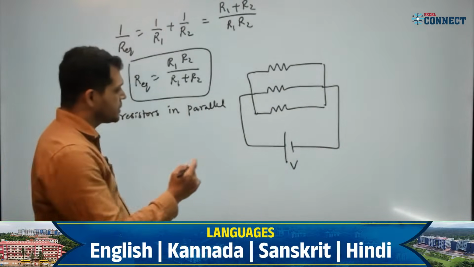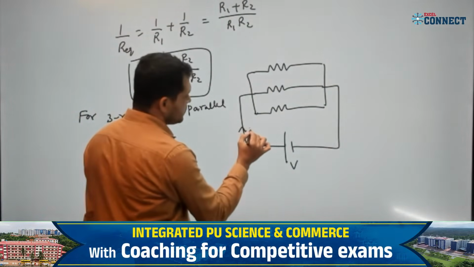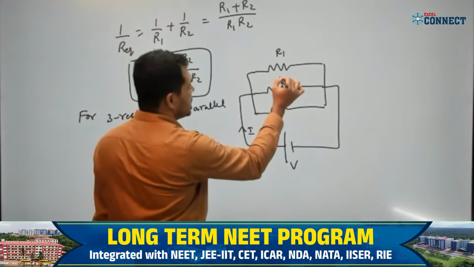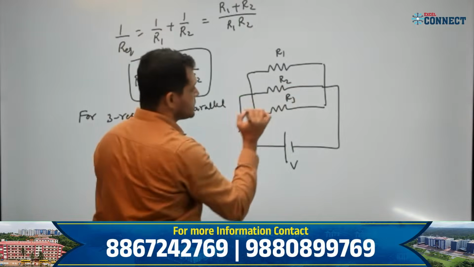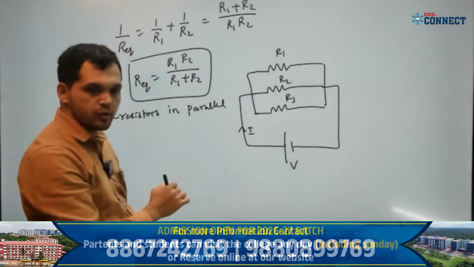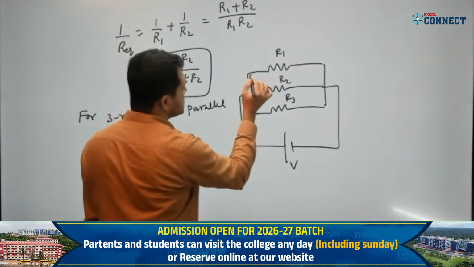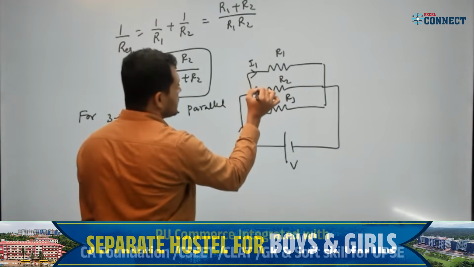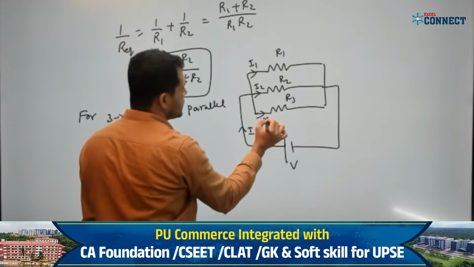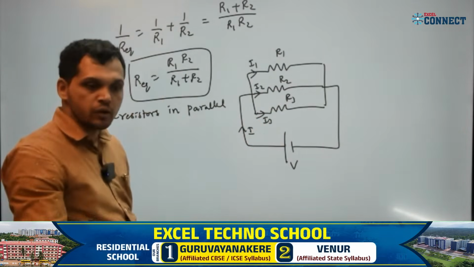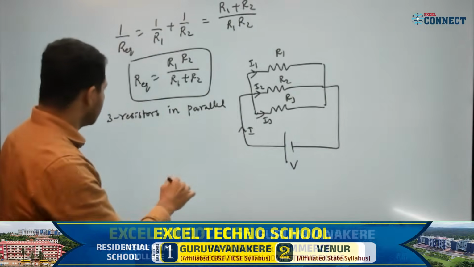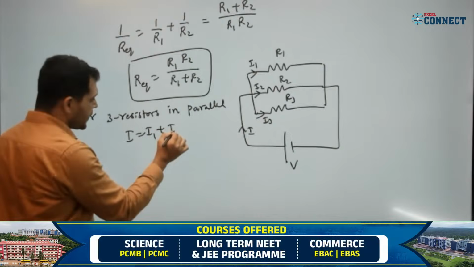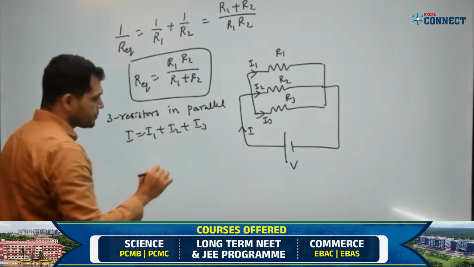Now I will take the same current I, same battery, with resistors R1, R2, R3. The total current I will split into these three branches. I equal to I1 plus I2 plus I3.